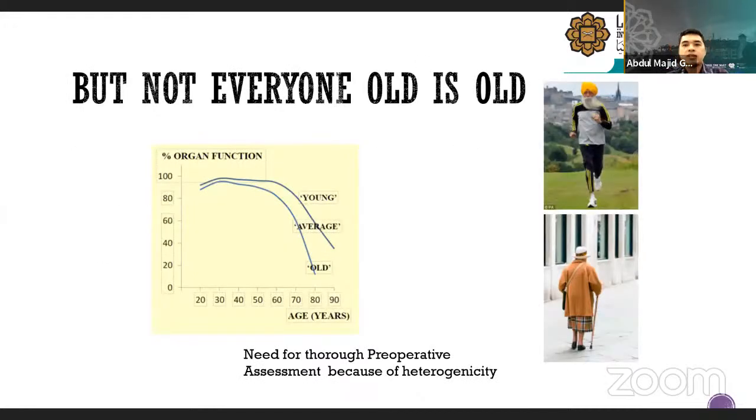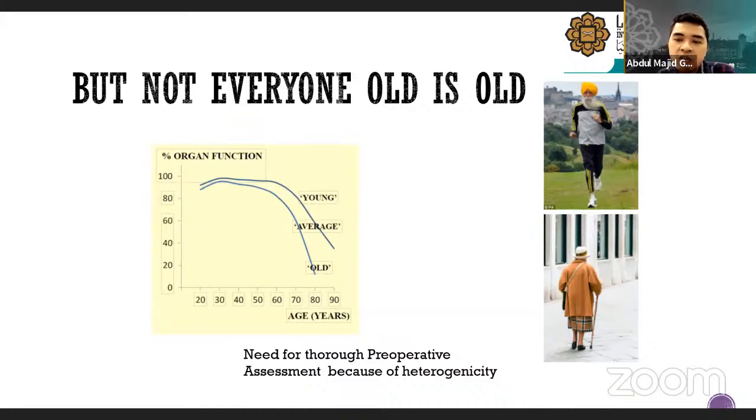But not everyone is defined as having very limited organ function, because the elderly are actually heterogeneous. It doesn't mean that if you are elderly, you have low capacity of your organs to work with.